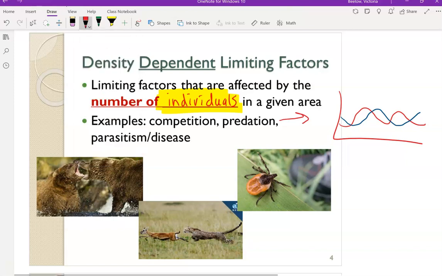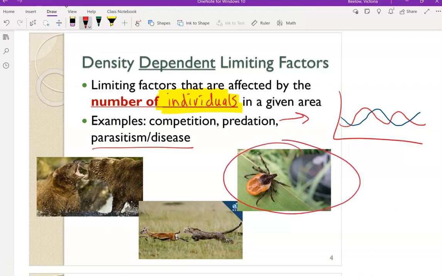Another example is parasitism. This was an example of a symbiotic relationship. Parasites can also keep a population size down by weakening organisms or potentially killing them, depending on the type of parasite. And usually if organisms are closer together, which is the density piece, then the disease can spread more quickly sometimes.